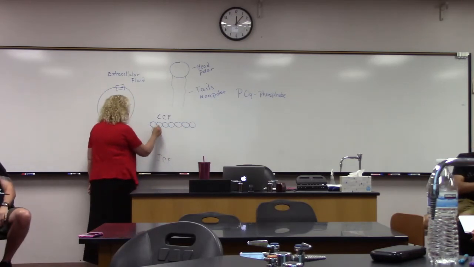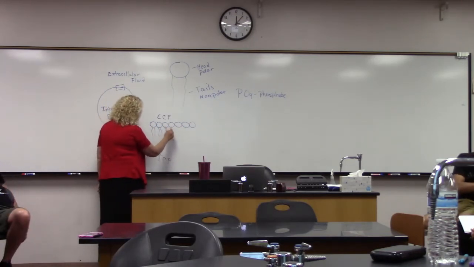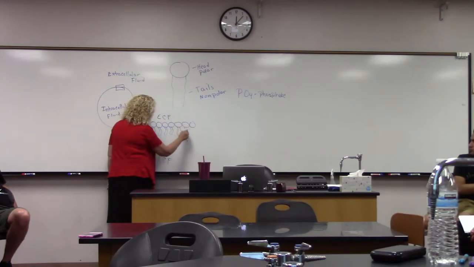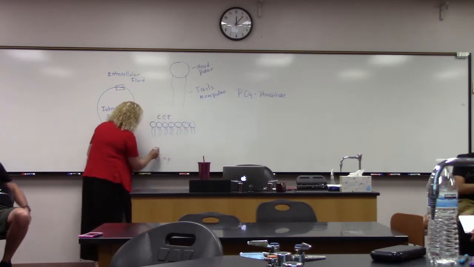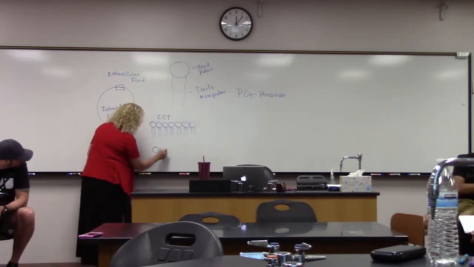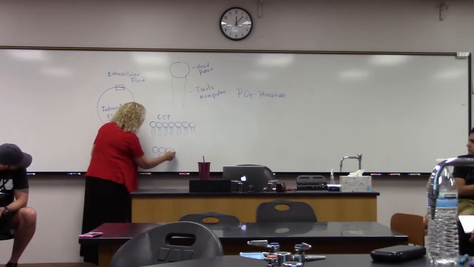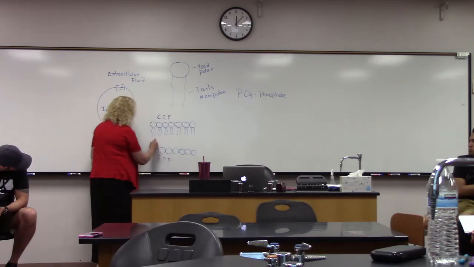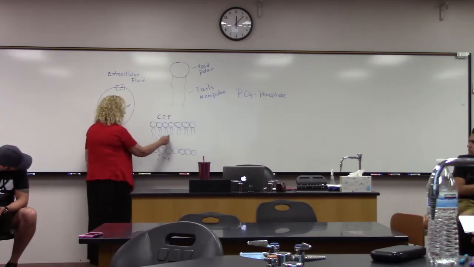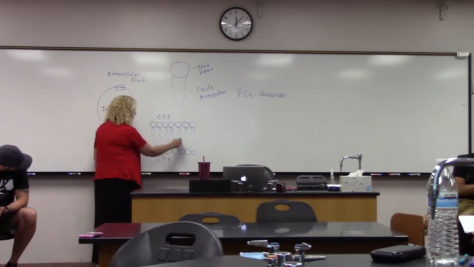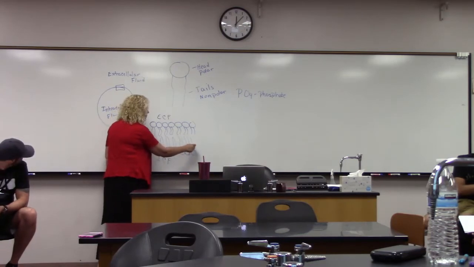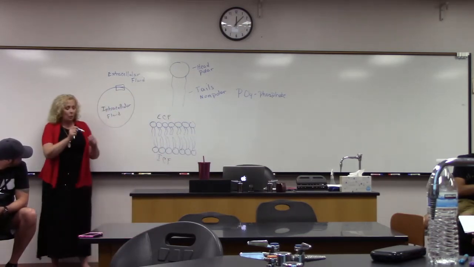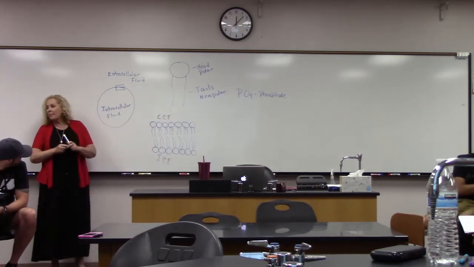And the tails coming off of these heads. And we have a double layer so that the heads again are lining up with the intracellular fluid as well. And the tails are sandwiched in between.